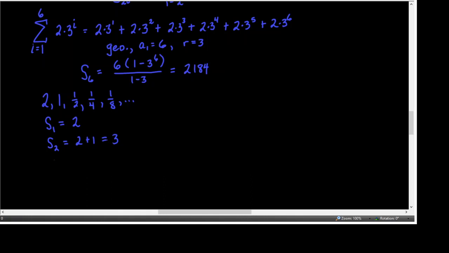So far this hasn't been that hard. The third partial sum is the sum of the first 3 terms. See, that's 7 halves.